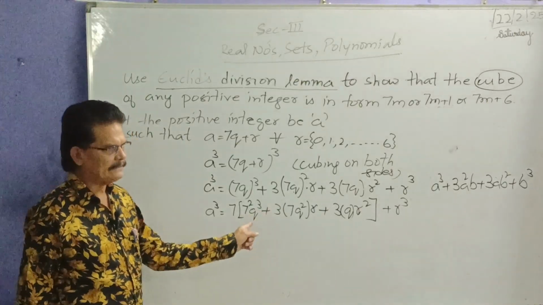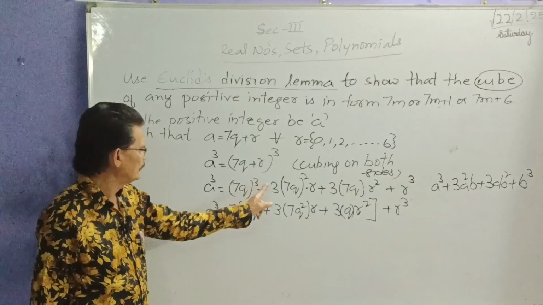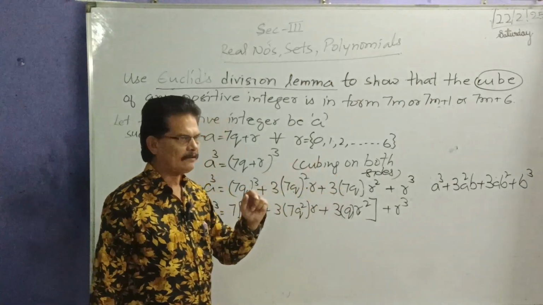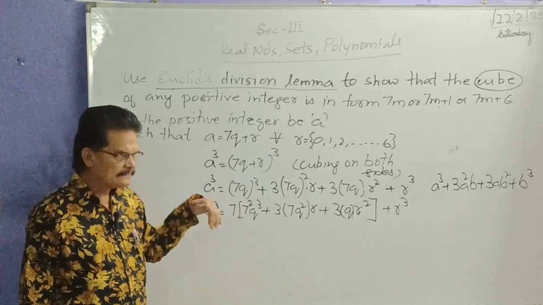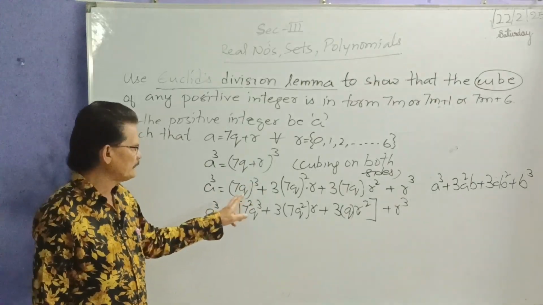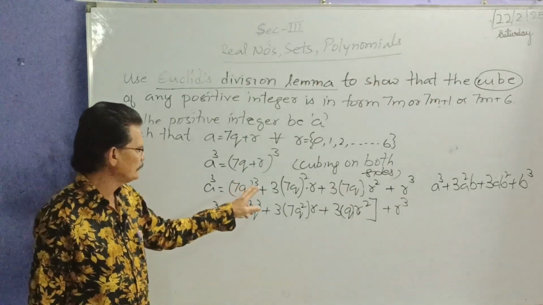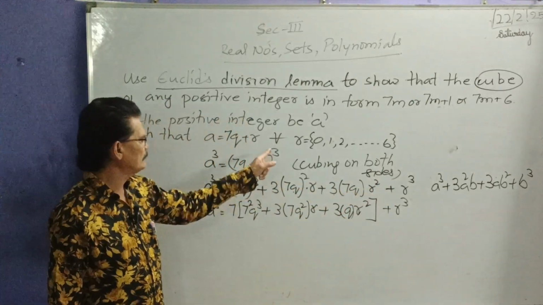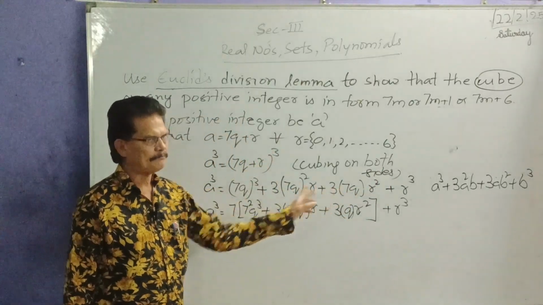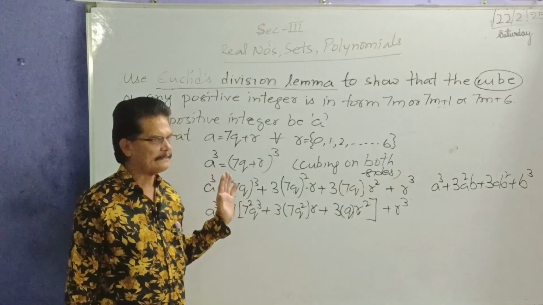In the remaining 3 terms we can take 7 common. 7, 7, 7. Are all of your eyes functioning? Where can we see 7? In the first 3 terms. The expansion has 4 terms: 1, 2, 3, 4. For power 3, how many terms? 4. Perfect. Our formula is correct.